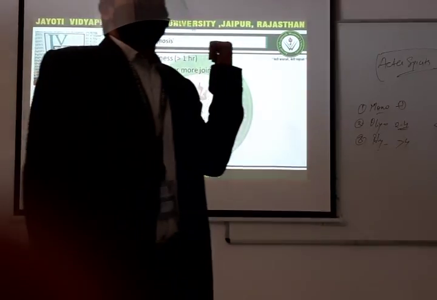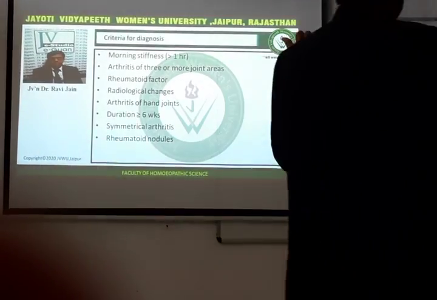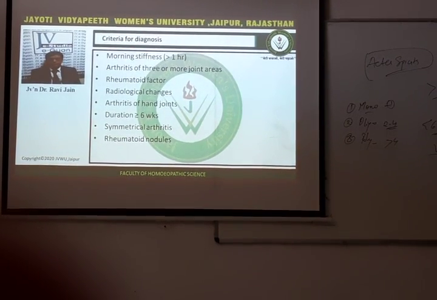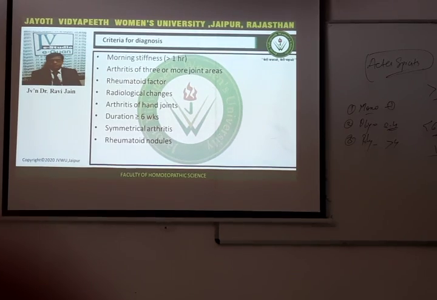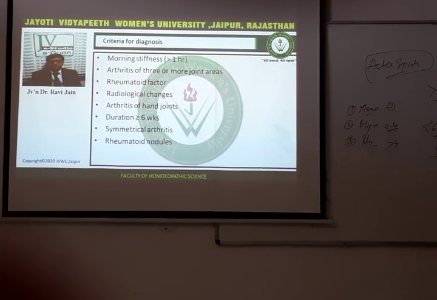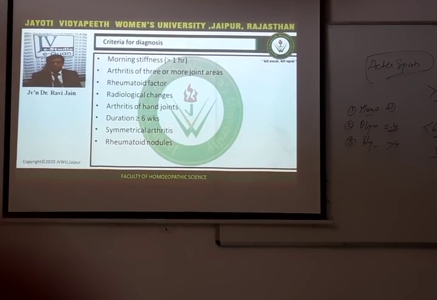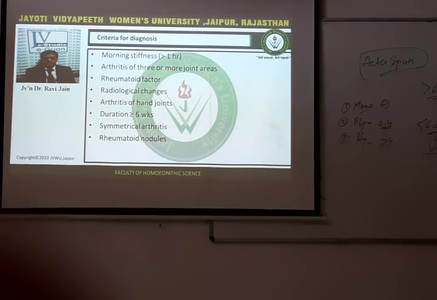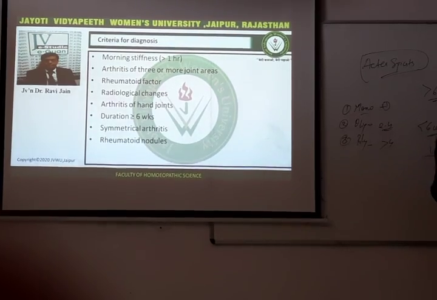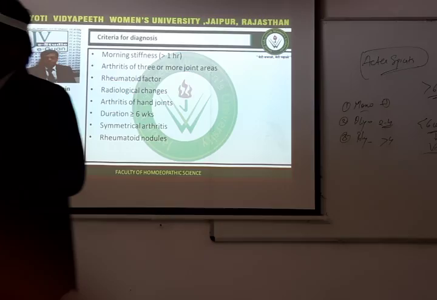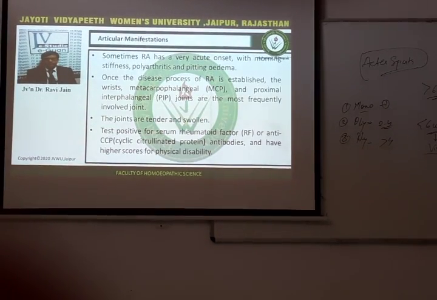Morning stiffness, arthritis involving joints, rheumatoid factor. Next, arthritis of hand joint, duration, symmetrical arthritis and rheumatoid nodules. These should be present for diagnosis of the case of rheumatoid arthritis.